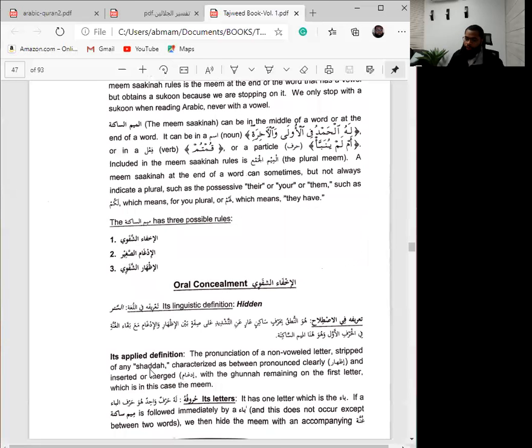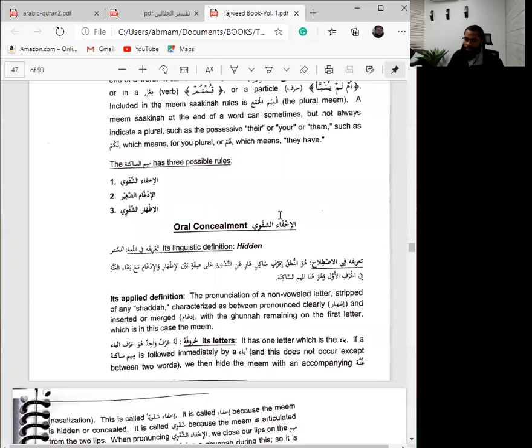So the first rule of meem sakina is oral concealment, al-ikhfa al-shafawi. تعريفه في اللغة الستر, the linguistic definition: it's hidden. Concealment is to hide. تعريفه في الاصطلاح هو النطق بحرف ساكن عار عن التشديد على صفة بين الإظهار والإدغام مع بقاء الغنة في الحرف الأول وهو هنا الميم الساكنة.